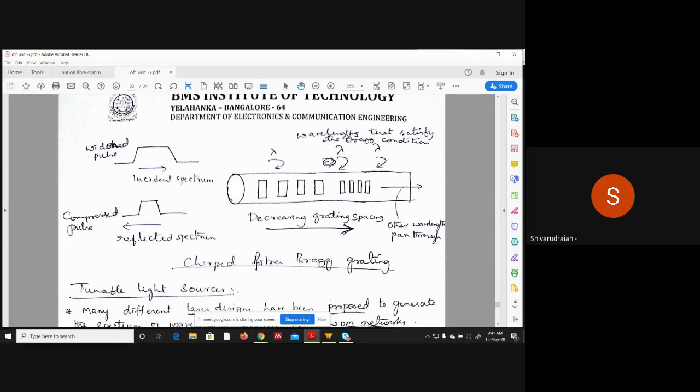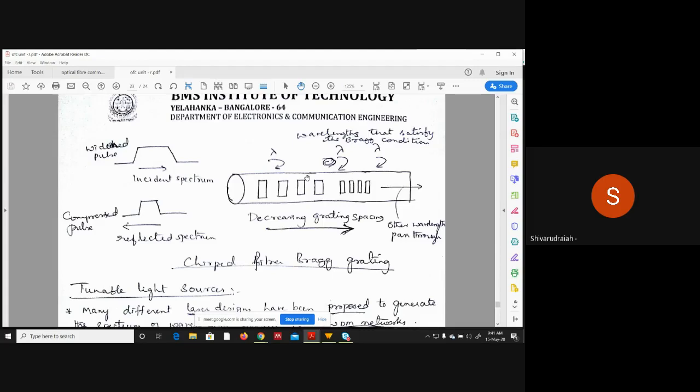You can see wavelengths that satisfy the fiber Bragg condition will obviously start reflecting, because we are studying here the reflecting kind of fiber Bragg grating. So any wavelength that satisfies the grating condition will start reflecting back, right?